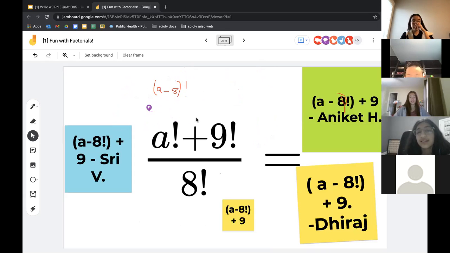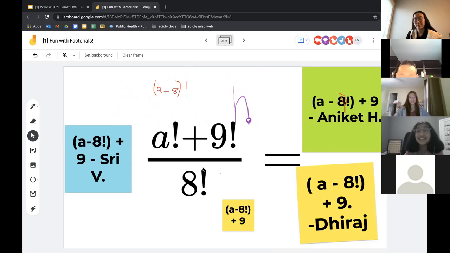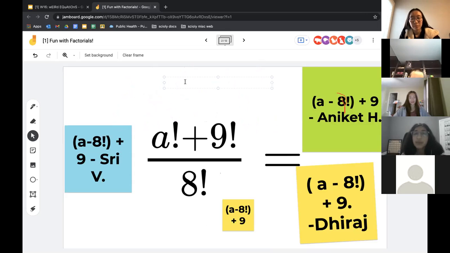If you have 9 factorial, oh wait, I don't think you can express it like that, because we have no idea what A is. But we can change this into A.